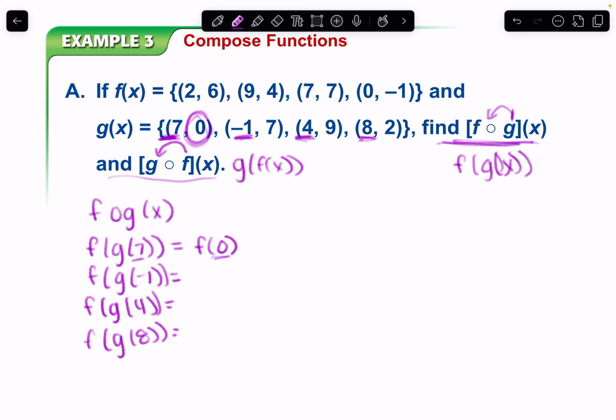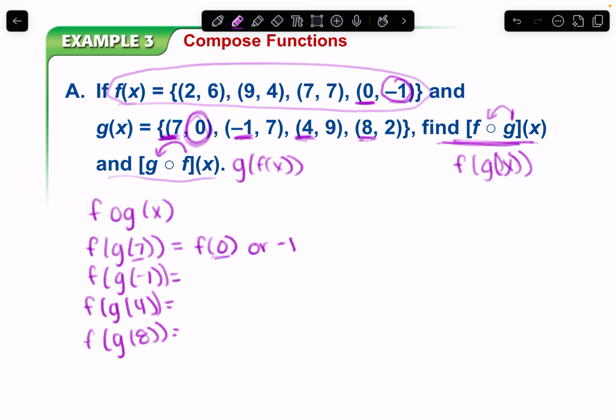So both looking at the g function. Now I'm looking at my f function, this top row. If I have f of 0, what is the ordered pair that corresponds to that? You see 0 right here, and the number that corresponds to that is -1. That's what you are going and looking through.